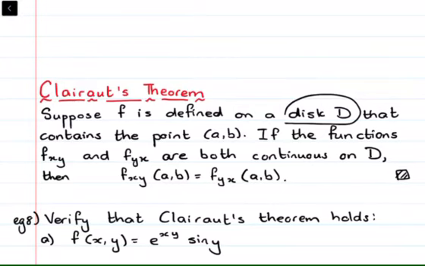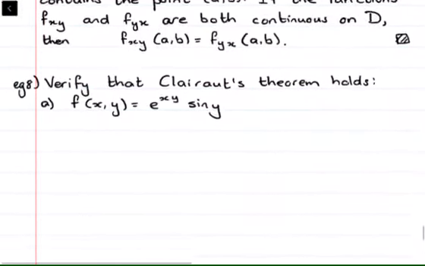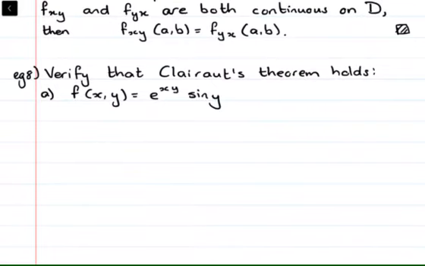So verify that Clairaut's theorem holds here. If f of xy is equal to e to the xy times sine y, so what do we do? You first need to find the partial derivative of f with respect to x. So if you do that with respect to x, it means that you are taking the derivative.